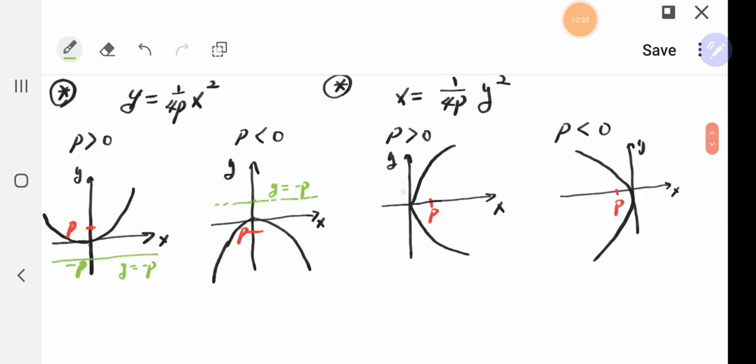And even this one, same distance from the vertex to the focus, so this will be the directrix. This time, this is a vertical line, so the directrix will be x equals negative p. So that equation is x equals negative p.